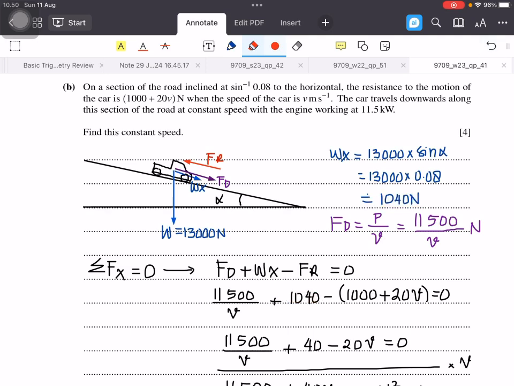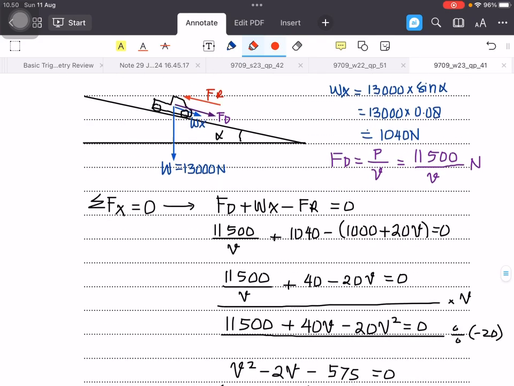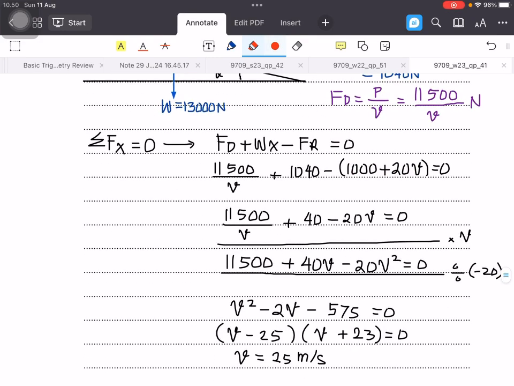And the resistance is in terms of V, 1000 plus 20V. Then we multiply both sides by V, and we have a quadratic equation in V: 11,500 plus 40V minus 20V squared is equal to 0.